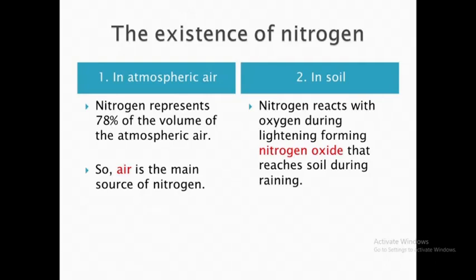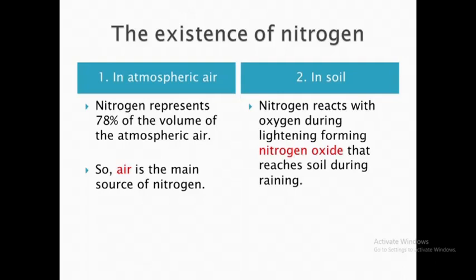Good. Number two, nitrogen is found in soil, but not in the form of gas, no. Nitrogen is found in soil in the form of a chemical substance called nitrogen oxide. And how does nitrogen oxide form? It is formed during lightning.